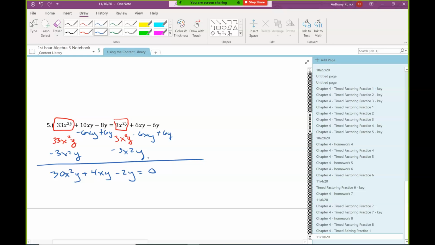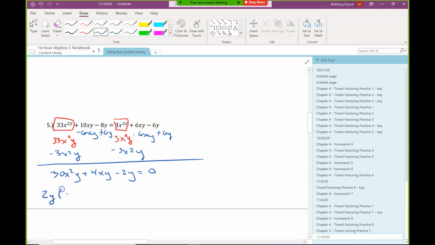Next thing I'm going to do is, I notice that I have more than one variable going on here, which is potentially a problem. But if I look closely, there is a greatest common factor between each term in this polynomial. So each of the coefficients is divisible by 2, and each of the terms has a factor of y in it.